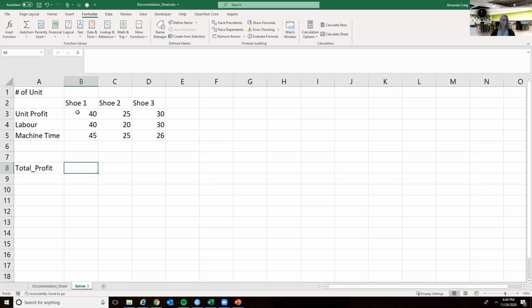product. So what I'm going to do is name some of my groups of cells, just for the use of my model.